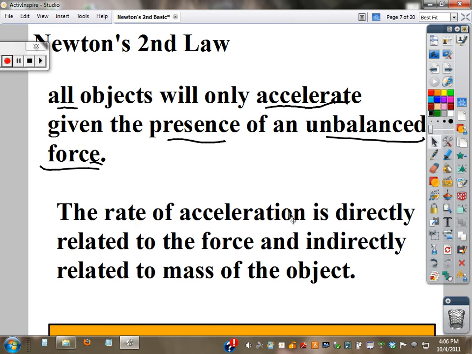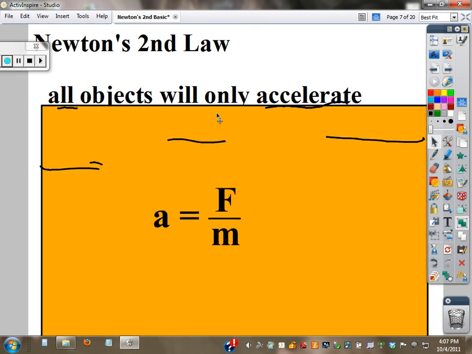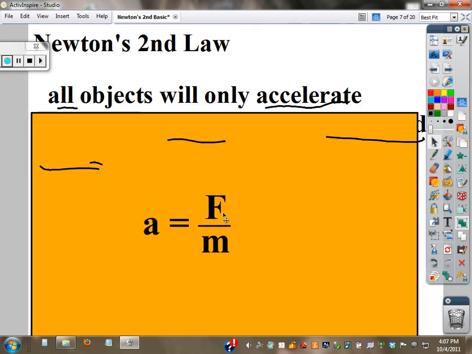And the rate of acceleration is directly related to force and indirectly related to mass. But you don't have to write down the second part. Pause the video if you need to finish your notes above, because it's all right there. This says force is directly related to acceleration and indirectly related to mass. That's why it's underneath on the division sign.